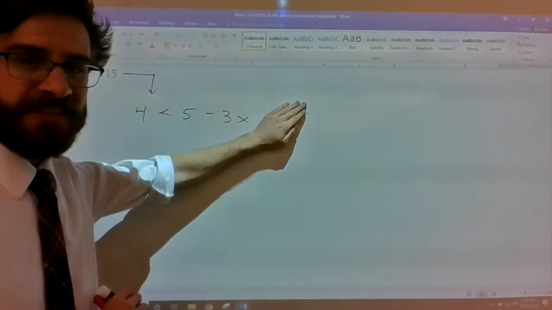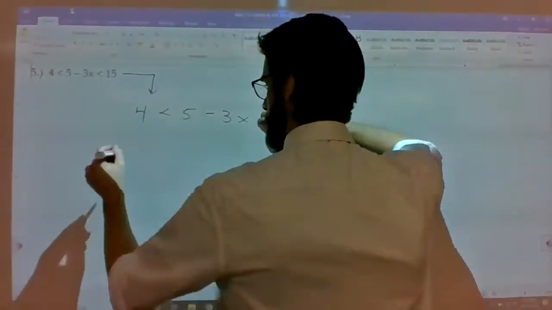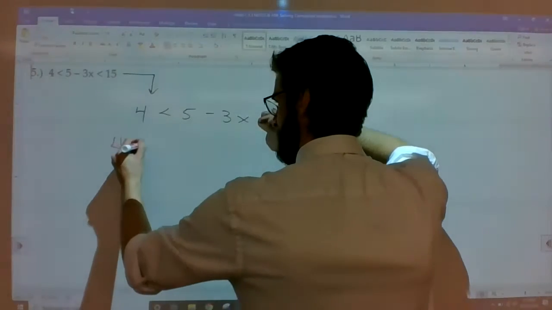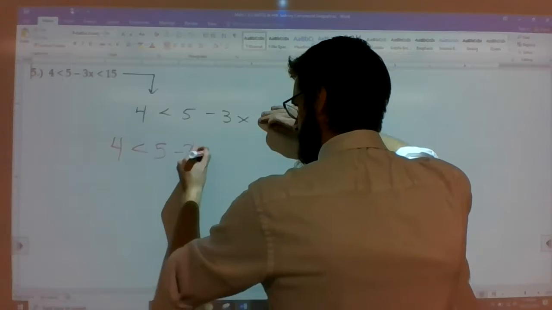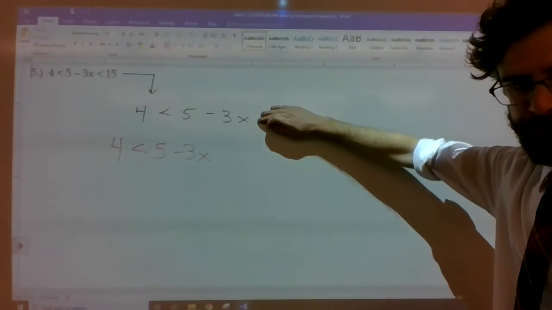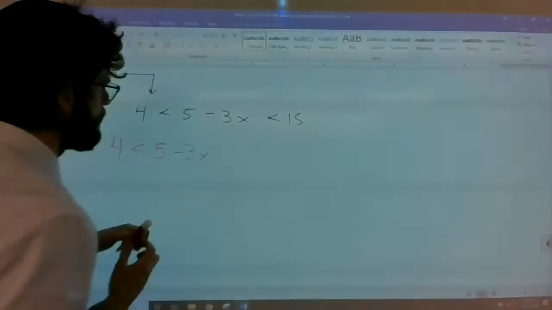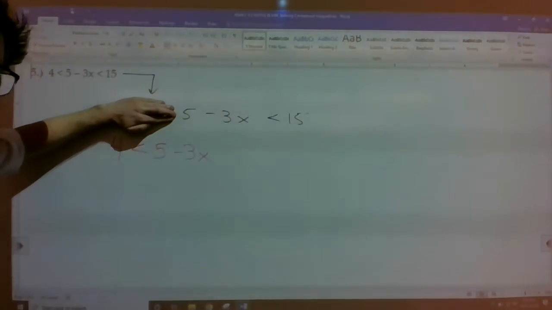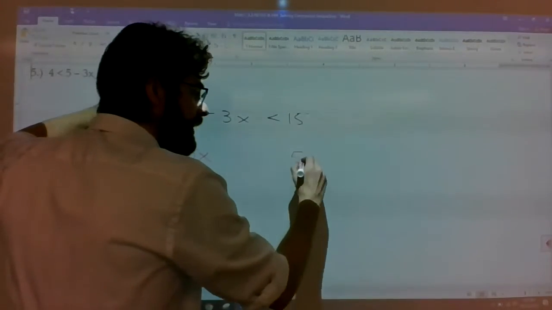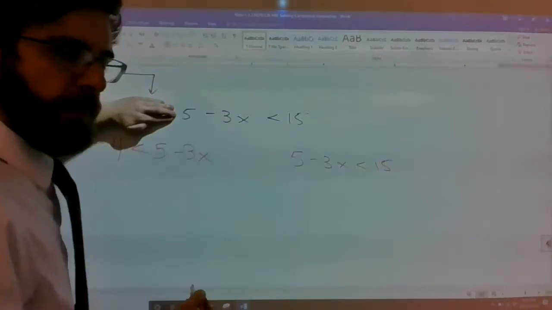We're going to say this one stands alone: 4 is less than 5 minus 3x. This also is a standalone inequality. We know that 5 minus 3x has to be less than 15, so we can separate it.